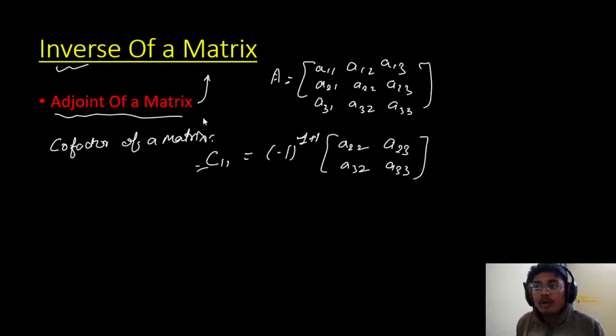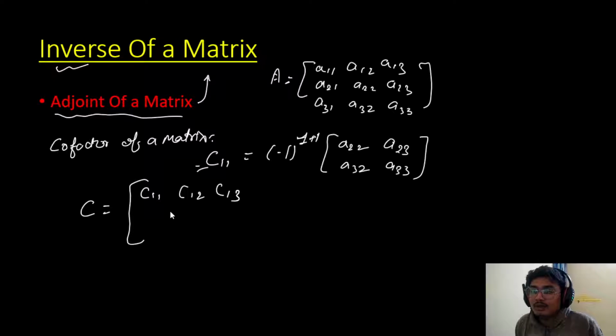For finding the adjoint, we will find the cofactor matrix C: C11, C12, C13, C21, C22, C23, and so on, C31, C32, and C33.